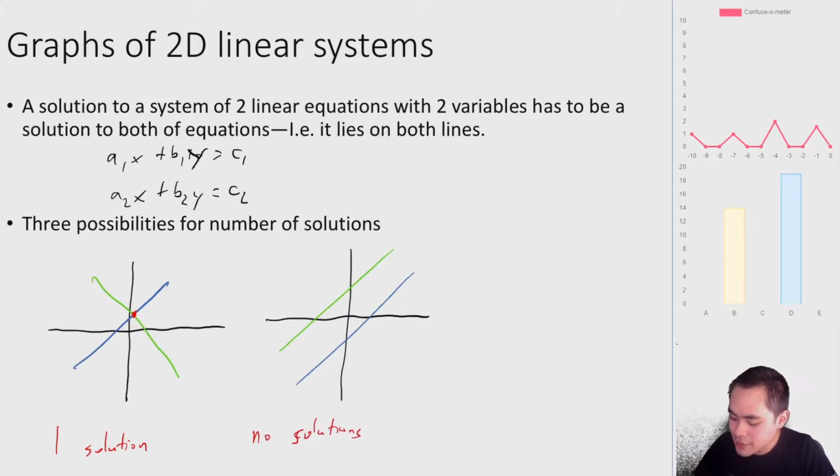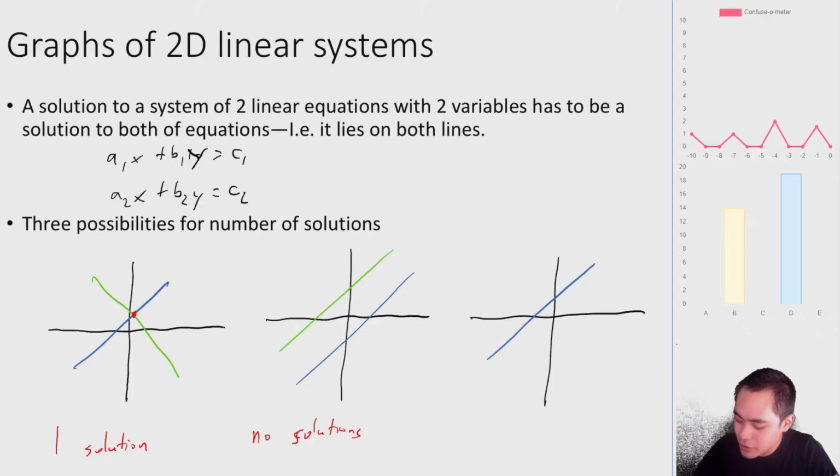And lastly, sometimes you have an infinite number of solutions. So if the two lines are right on top of each other. Sorry, let me make it thicker so that you guys can see even after I draw the green line through it. Sometimes the two lines are right on top of each other, and then that means you have infinite solutions.